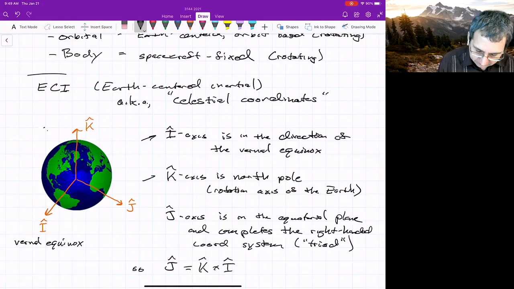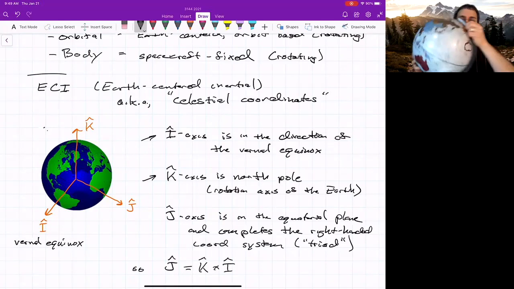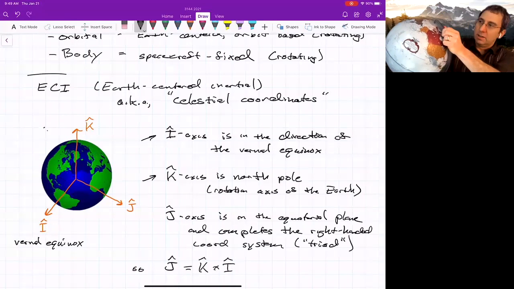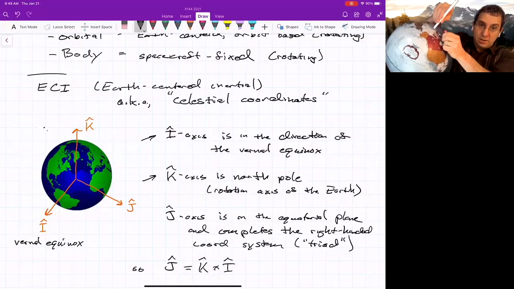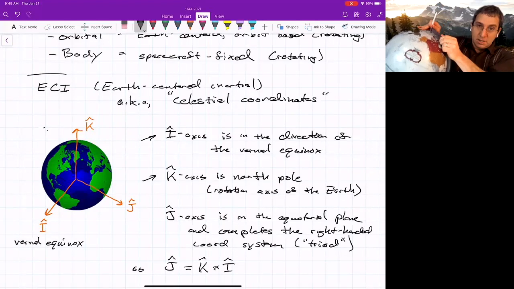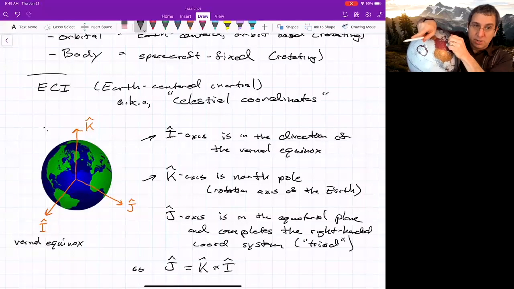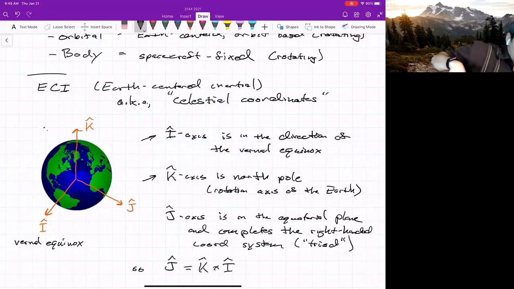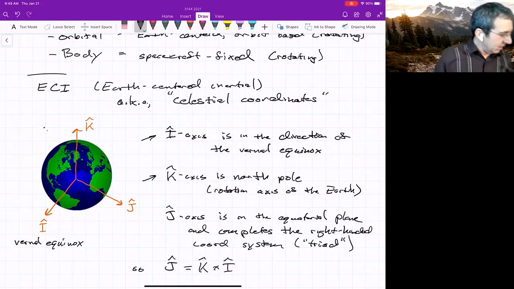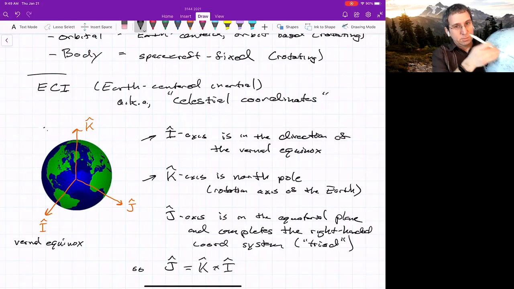These two are sort of the given ones, because we know the rotation axis of the Earth. As the Earth is going around the sun, this direction is a constant direction as it's spinning. The vernal equinox is another constant, inertially fixed direction. And J just is going to be in the equatorial plane, and it'll complete the right-handed system.